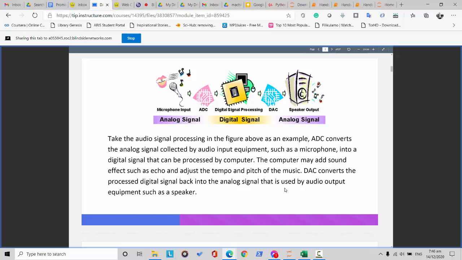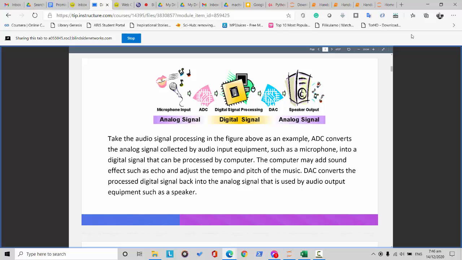So the computer sometimes adds sound effects such as echo, and can also adjust the tempo and pitch of the music or sounds. If you have some effects there, for example, I'm using an application called Krisp. Krisp is actually a plug-in from my browser. I use it to filter the noise coming from outside, so that it will not be too loud for you to hear everything in my background.